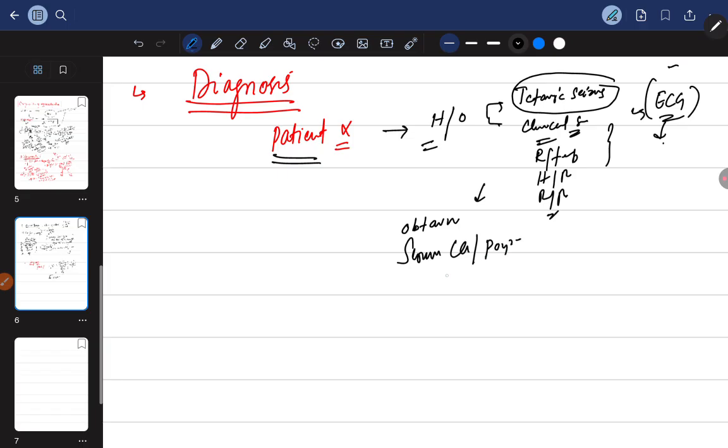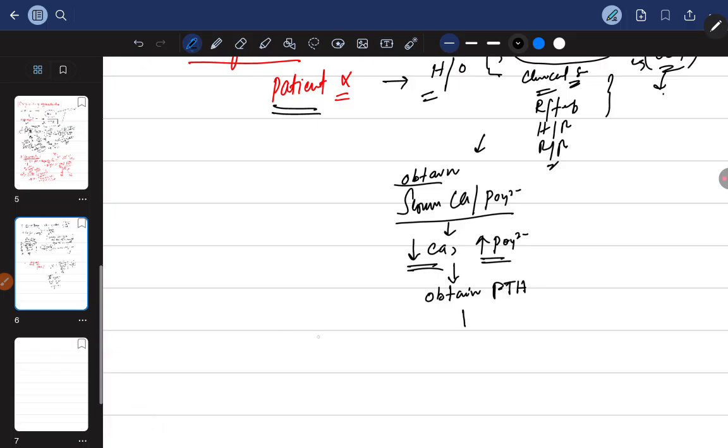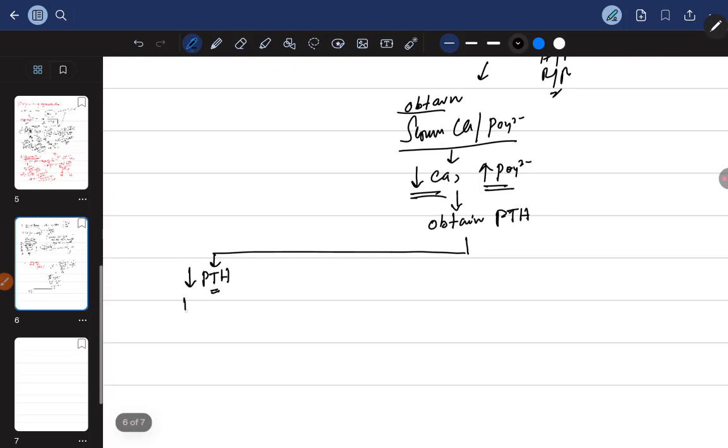Now if you see decreased serum calcium and increased phosphate, then obtain PTH. If PTH is decreased, it is hypoparathyroidism.